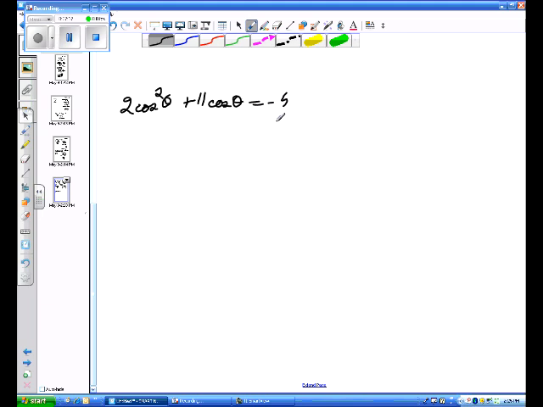Well, this is in the form of a quadratic. And we're going to solve it just like we would a quadratic. This is in the form of 2x squared plus 11x equals -5. And we know to solve this, we would add 5 to both sides.